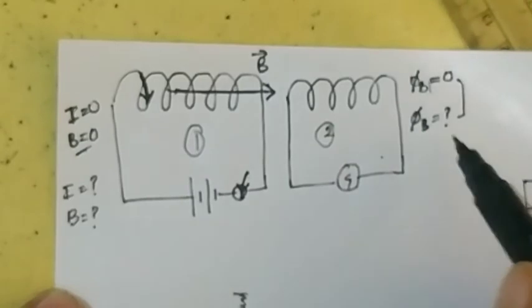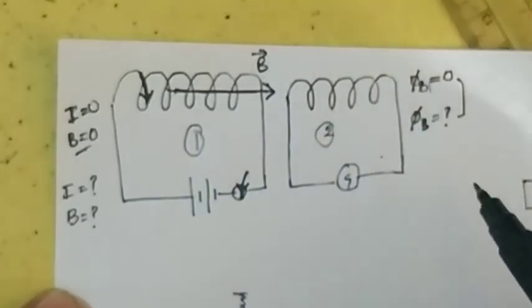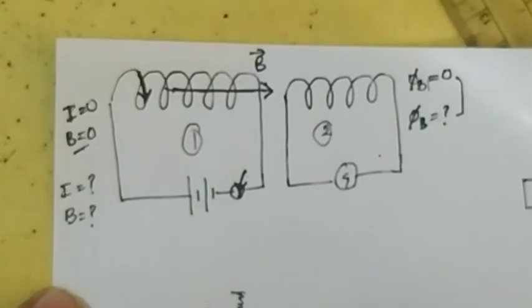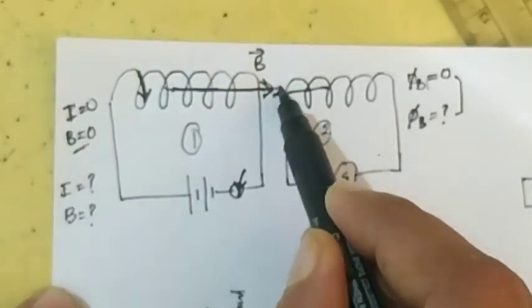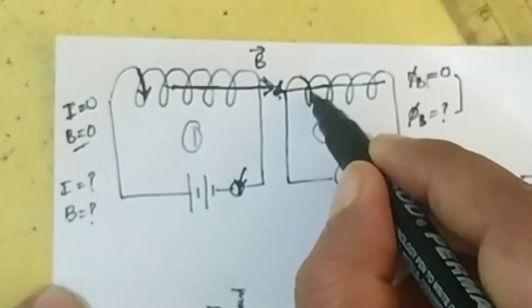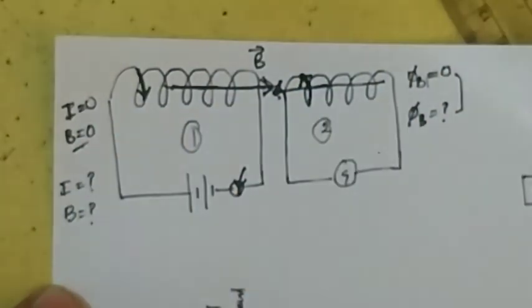So it produces an induced current in this neighboring coil, and the direction of induced current is given by Lenz's law. Lenz's law says that the induced current will be in such a way that it opposes the cause, producing a magnetic field in the opposite direction to oppose this increase. So the current in this case will be along this direction, that is, the opposite direction.